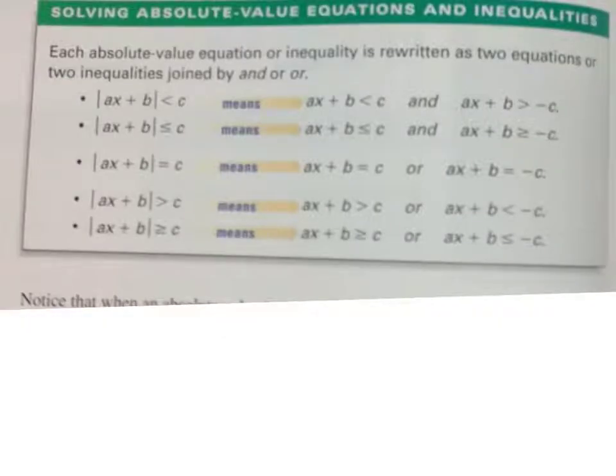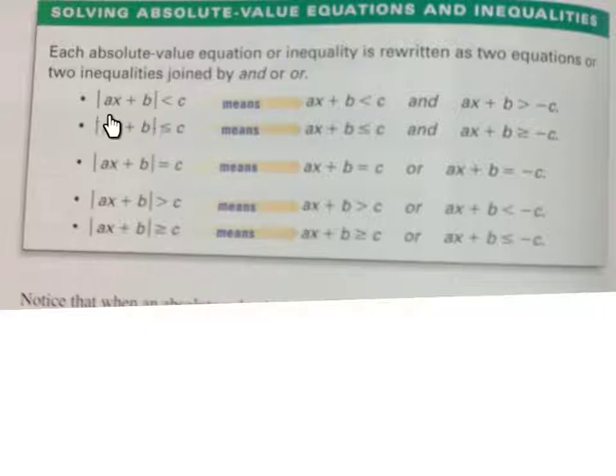Next example, we're going to start our inequalities with absolute values. Inequalities are a bit different in that we have to account for both solutions and we have to flip our inequalities accordingly. Here's some rules for inequalities.